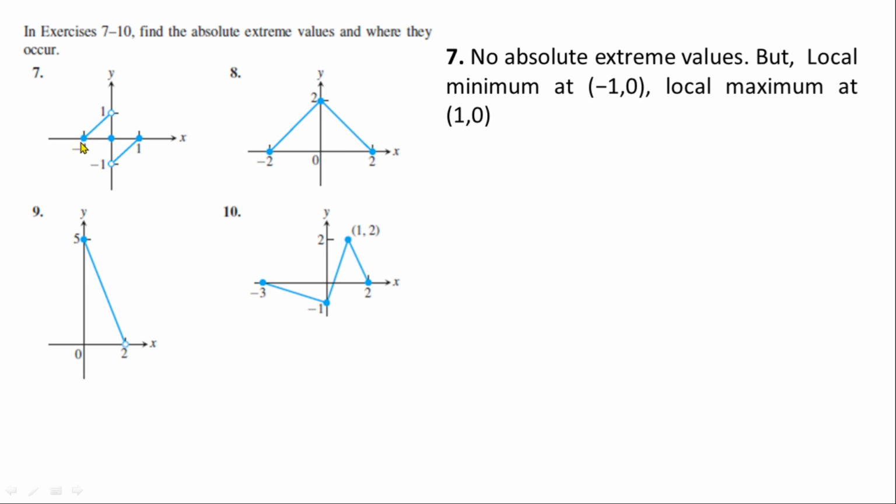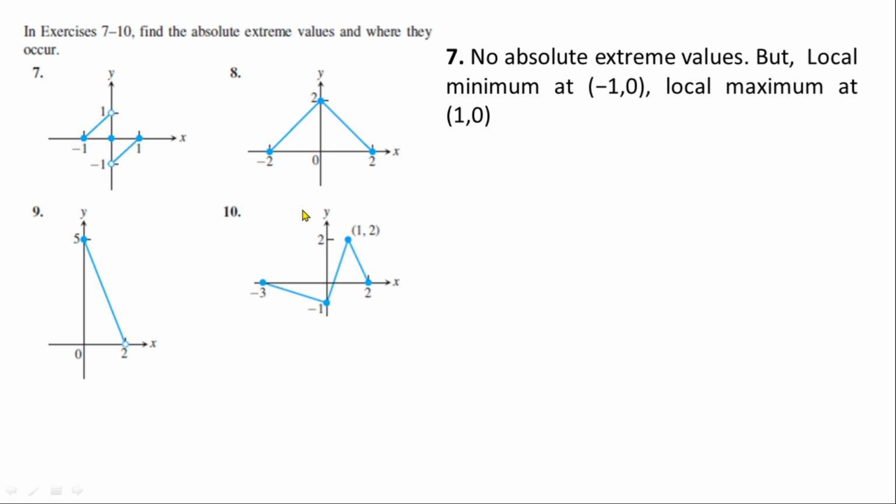And there is a local maximum at x equals 1 and y is 0. These are the local maximum and local minimum values, but there are no extreme values. There is no absolute maximum and no absolute minimum for this graph.